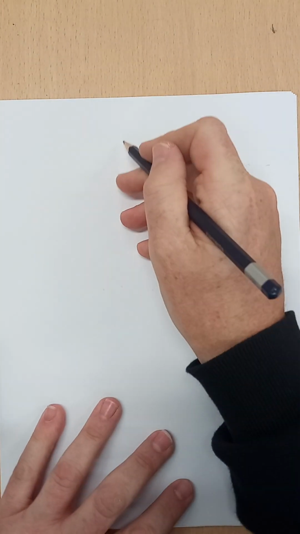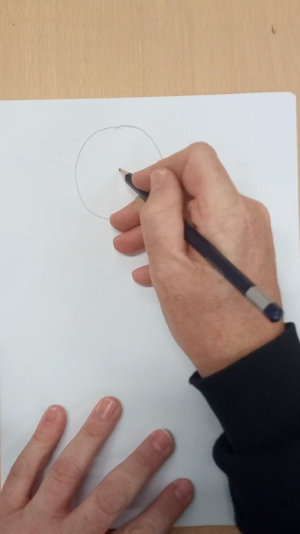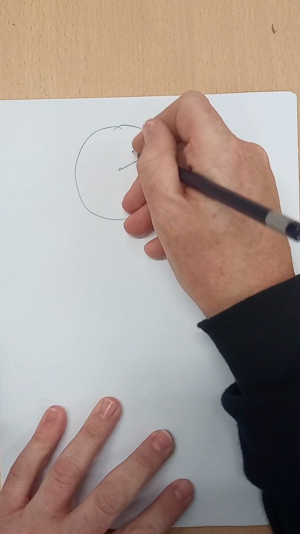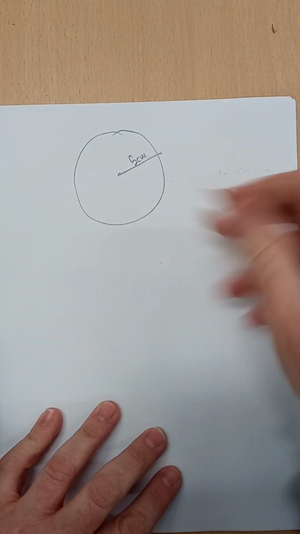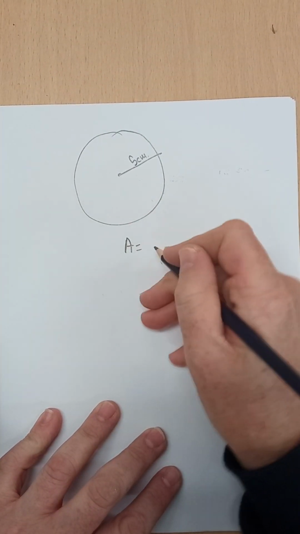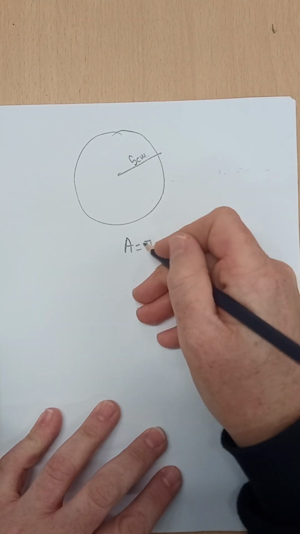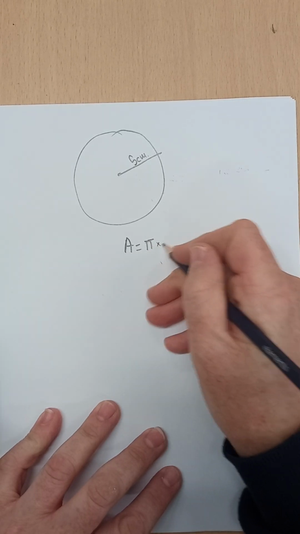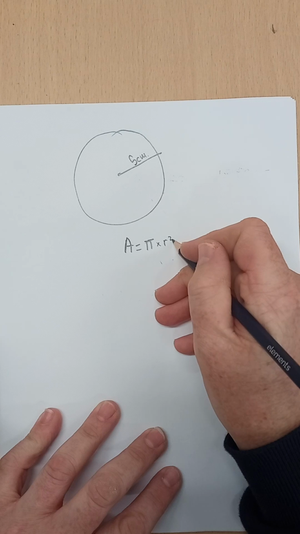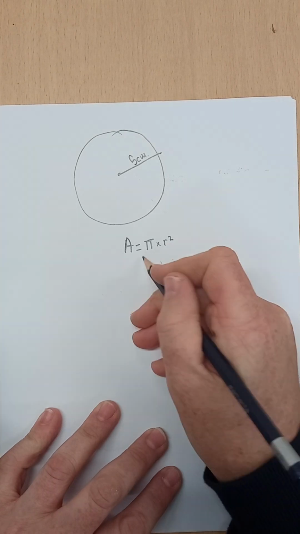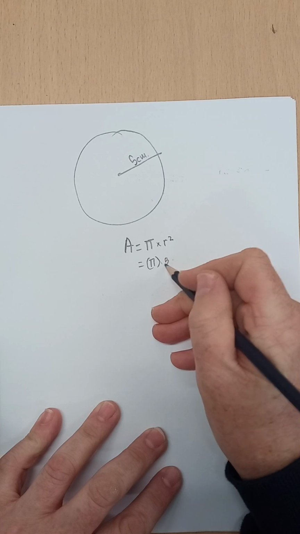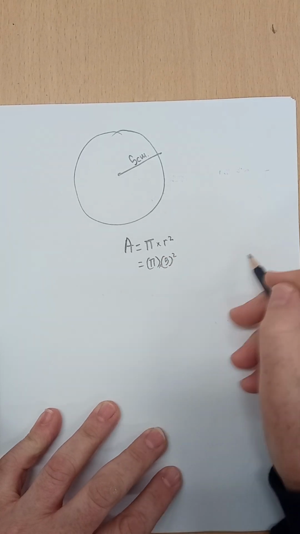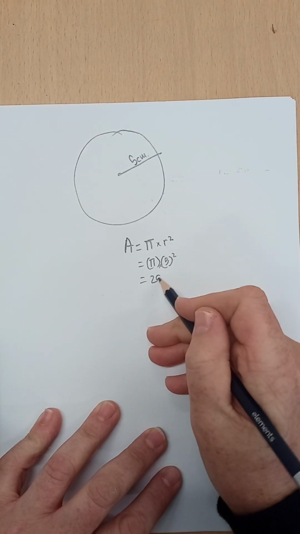Okay, so let's take a radius of 5 centimeters. The formula for the area of a circle. So the area formula is just pi, that's a button on your calculator, multiplied by r squared, which is the radius squared. So in this case, it's just going to be pi multiplied by 5 squared, okay? Which is 25 pi.